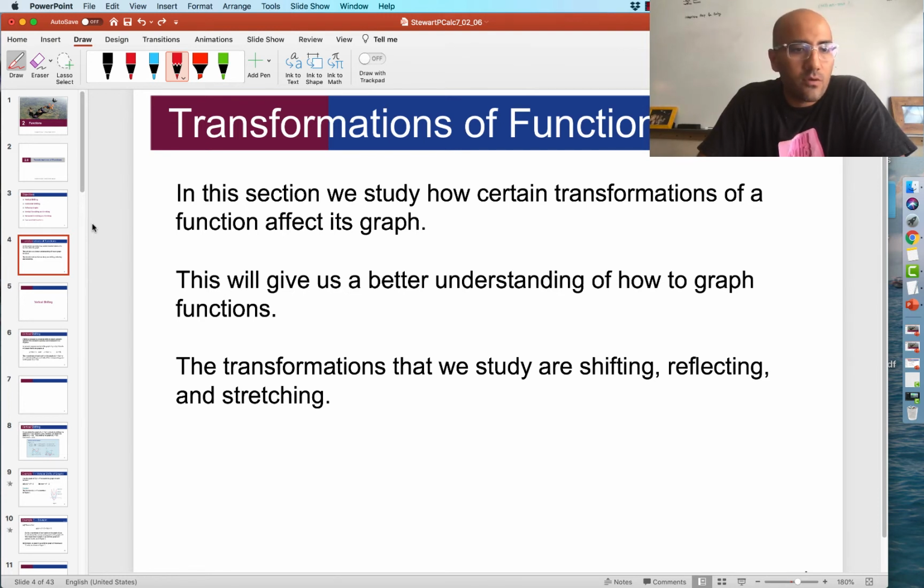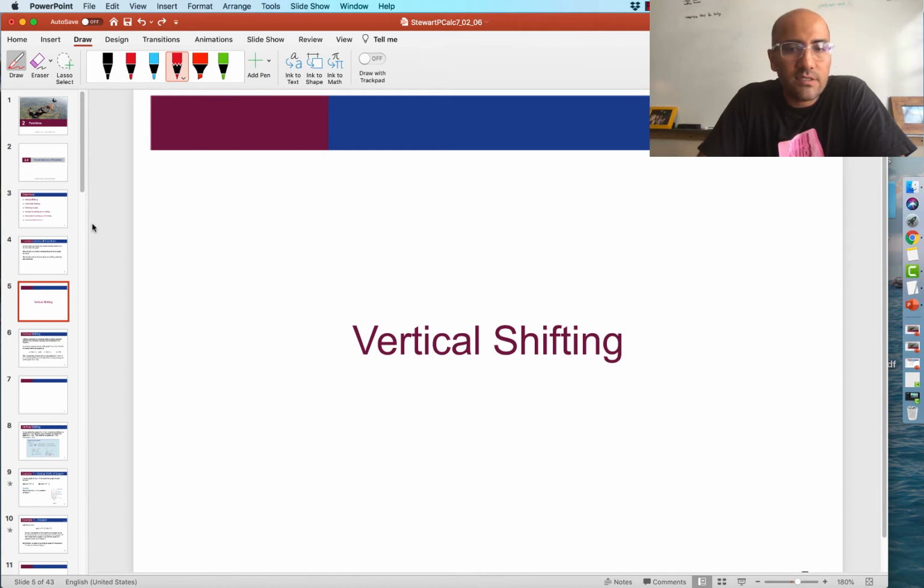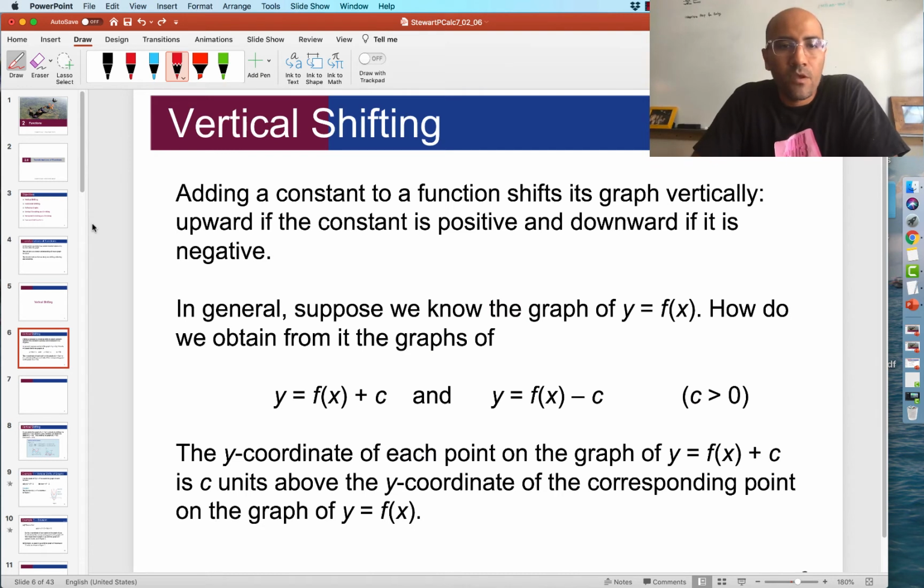Okay, so our goal is to start with a fundamental function and see how small changes can affect the graph, so that we can easily get a rough sketch of the graph. Okay, so the first thing we want to look at is vertical shifting. So we're going to look at what happens to the graph of a function when we add or subtract a constant.